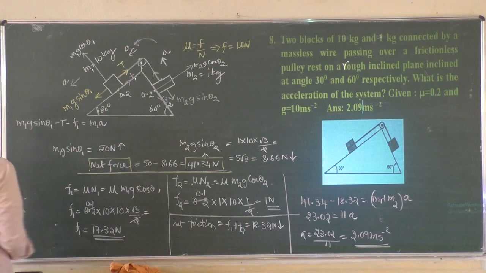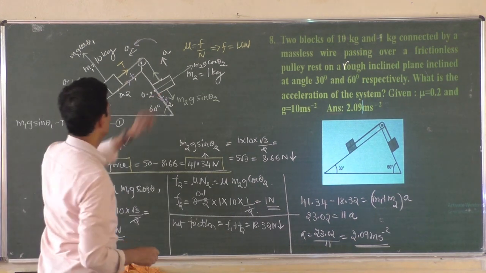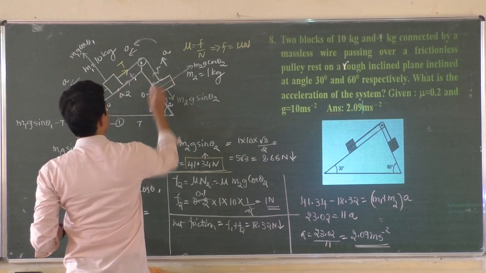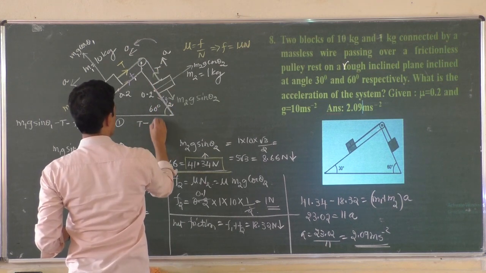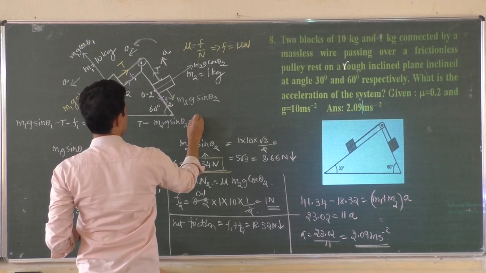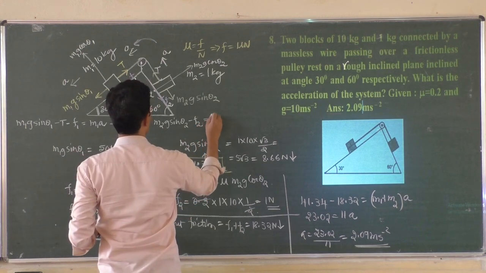Am I right? That is one equation. What about the second one? It is moving like this. Tension minus m2g sin theta 2 minus f2 must be equal to m2a.